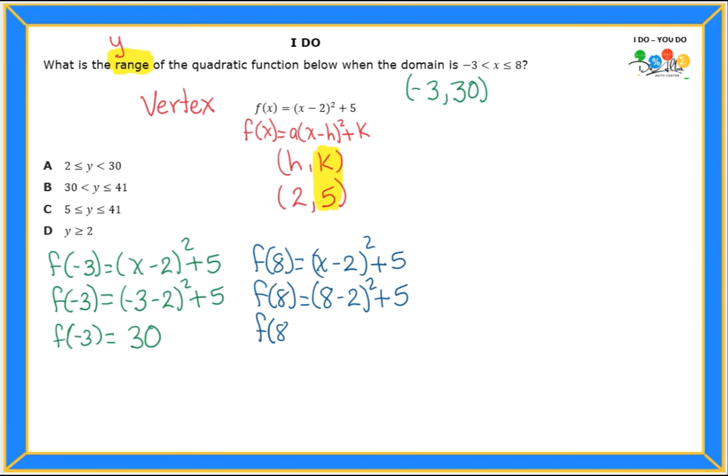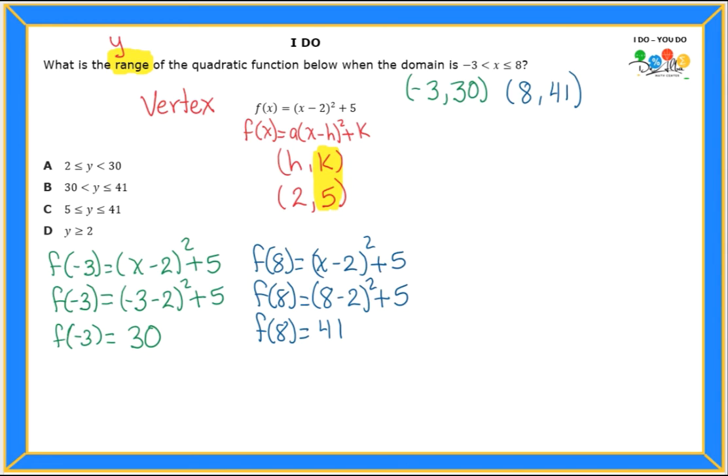So f of 8 equals 8 minus 2 is 6. 6 squared is 36. And 36 plus 5 is 41. So my other point here is going to be when x is 8, the y value will be 41. Okay, so we're looking at the numbers 30 and 41. Is that right? Because those are going to be the ones that I need.